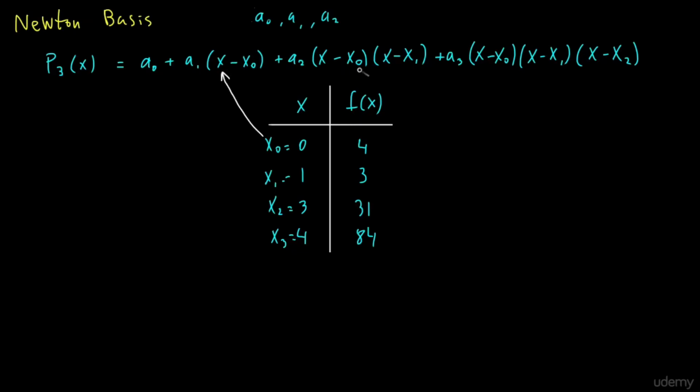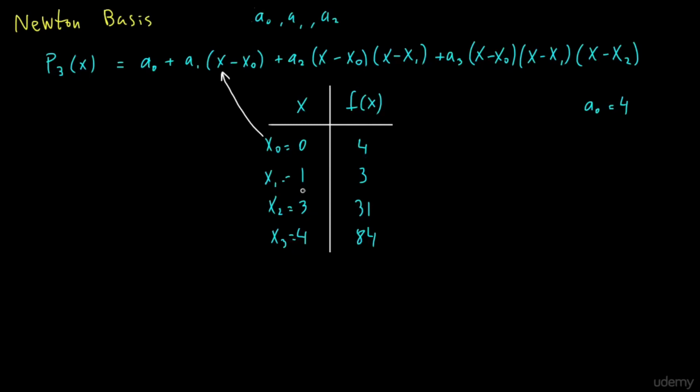And of course, it's also repeated here, so it vanishes from here, it vanishes from here, and any further terms, if we had any, would also vanish. So we know that a0 is actually equal to the function value. So we may as well write it down. In this particular case, a0 is equal to 4 because that's what the function value is.